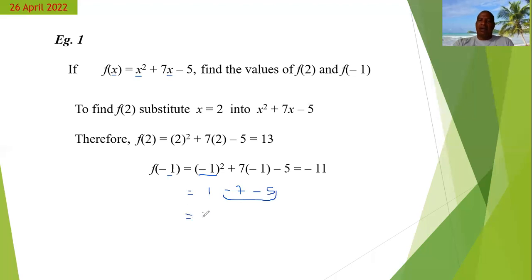So we have 1 minus 12. Now we have a positive 1 and a negative 12. So you will take away 1 from 12 and keep the sign of the larger number. So this will be negative 11.